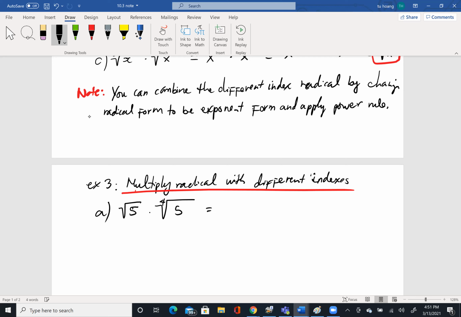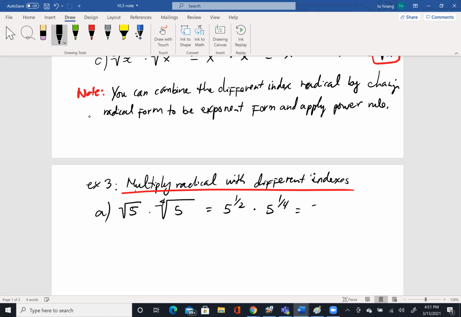You cannot multiply radicals like I said before, but what you do is change it to power form: 5 to the power 1/2 multiplied by 5 to the power 1/4. And you apply the power rule for this one.